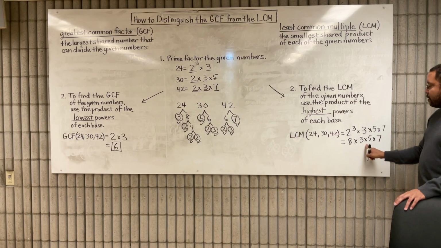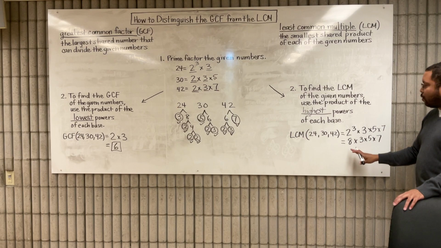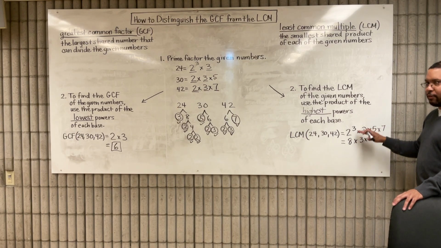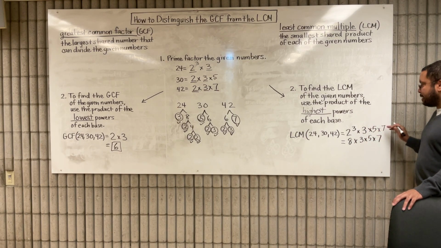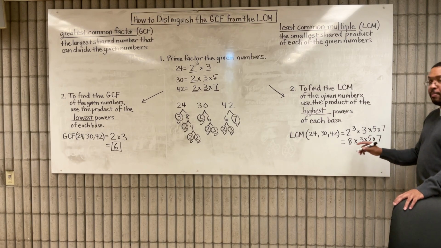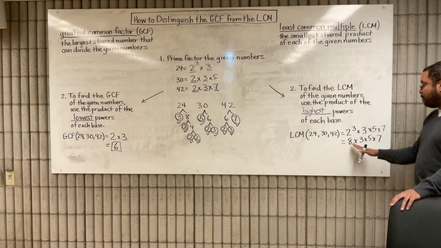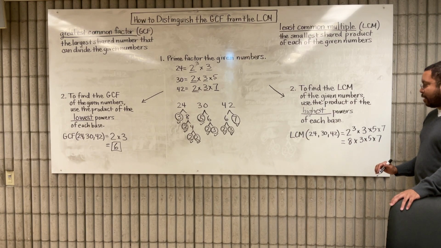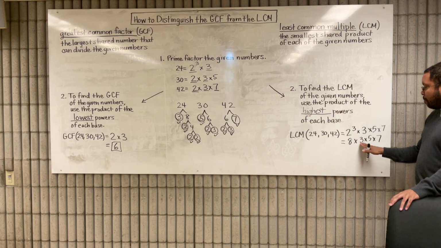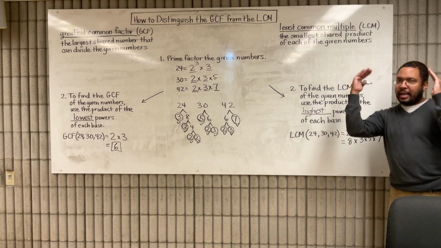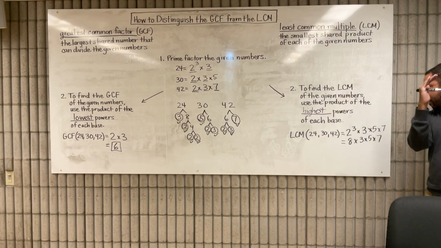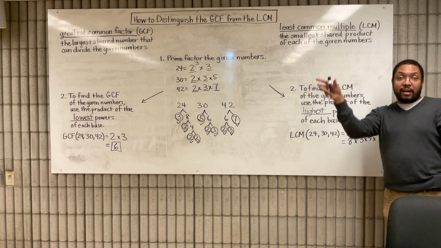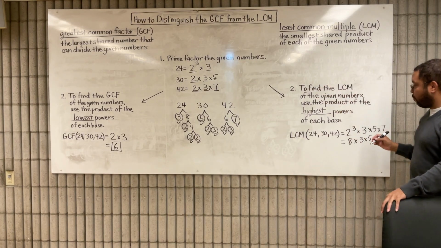Now I'm going to use some properties to help me out, because I don't want to do 8 times 3 and then whatever that is times 5 and then whatever that is times 7. I'm going to use the commutative property and change the order of these numbers around, because I'm multiplying. I'm going to multiply 8 times 5, and then multiply 3 times 7, and then multiply whatever those products are to get the final result.